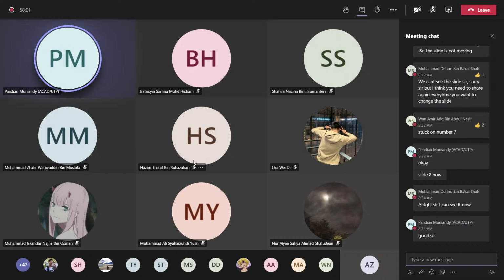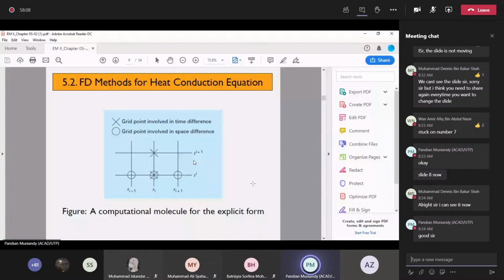Can you see slide number 9? Slide number 9 is a computational molecule for explicit form.